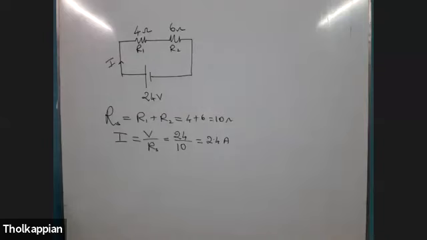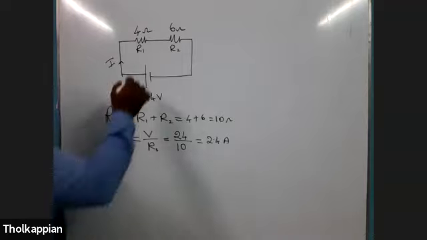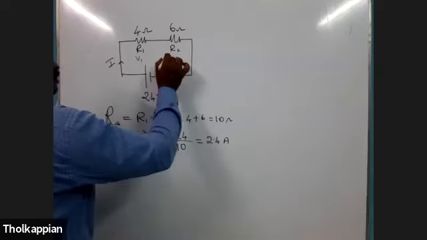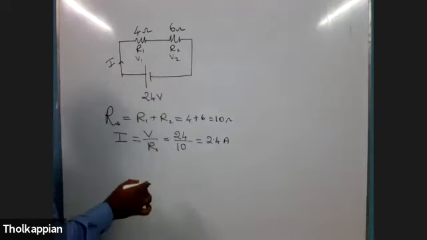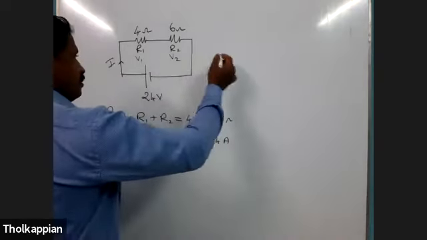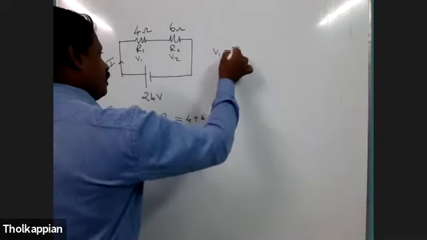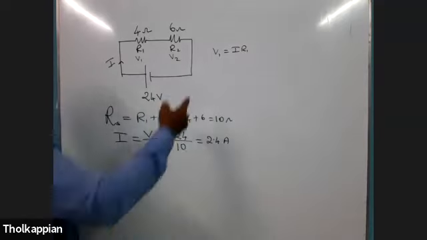Okay. And the voltage across the 4 ohms resistance. Here the voltage across this is V1 and the voltage across this is V2. The voltage across each resistor, that is V1, is equal to I into R1, because I is constant.